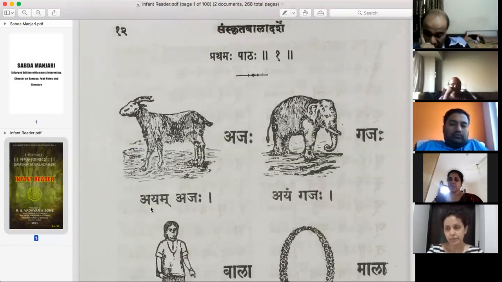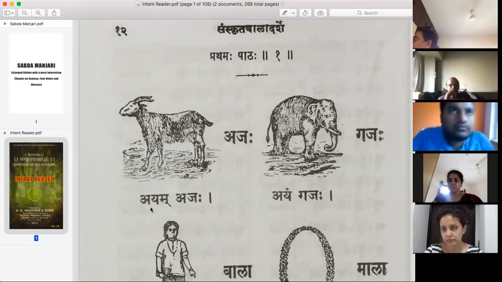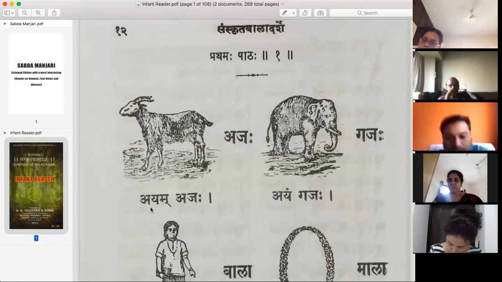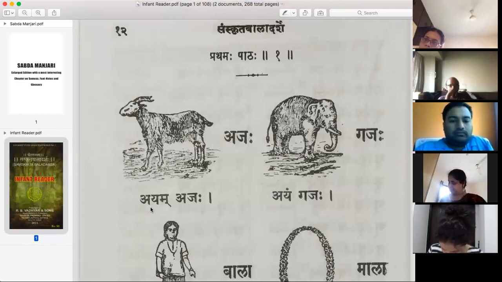So in Sanskrit, there is a rule. It says sometimes the verb can be assumed. It need not be mentioned explicitly. Okay, so it has to be supplied. Like for example, in English, we say the same sentence, if we translate, we will translate it as "this is a goat."